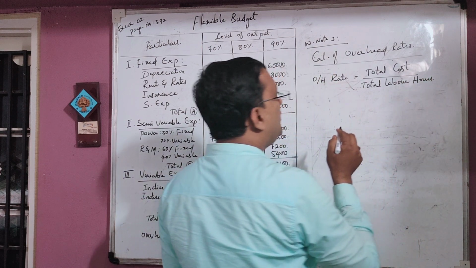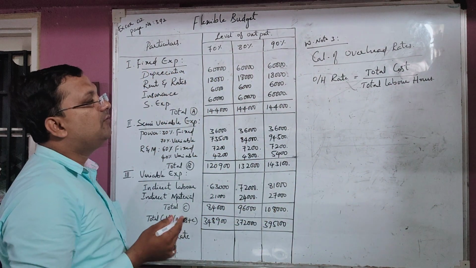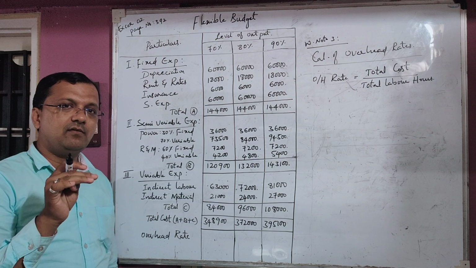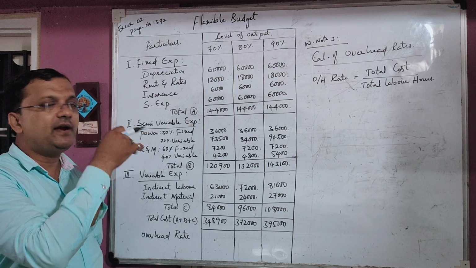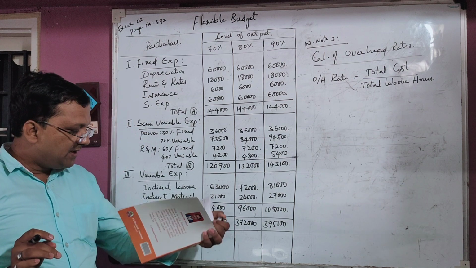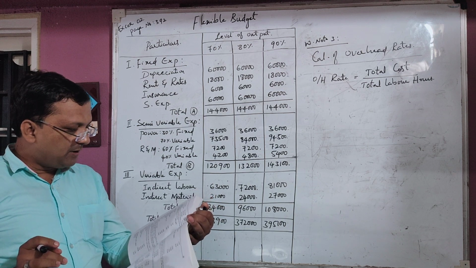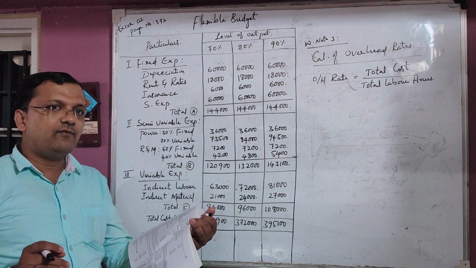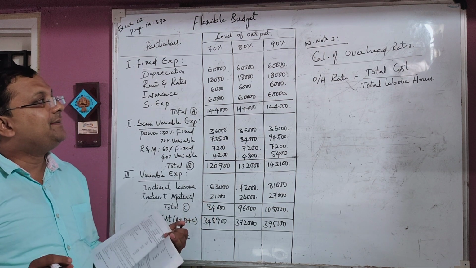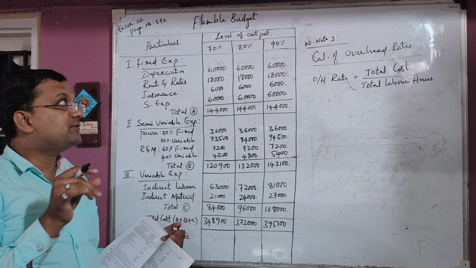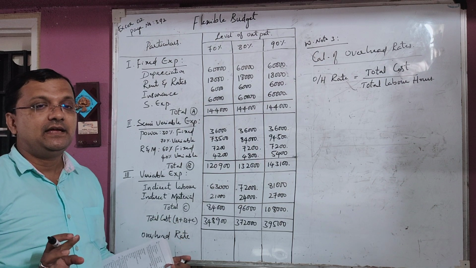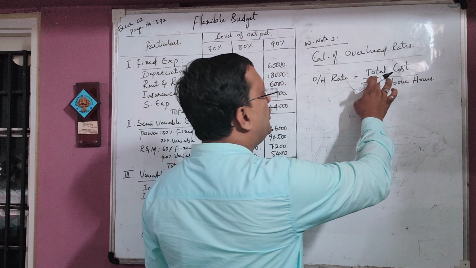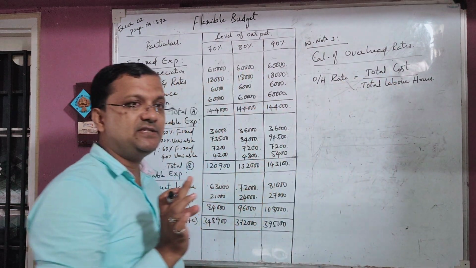We calculate the overhead rate for 70%, 80% and 90%. They have given in the problem estimated labor hours of 2,48,000 for 80% capacity. For 70%, total cost is 3,48,900 divided by labor hours; we don't know the labor hours, so keep it blank.